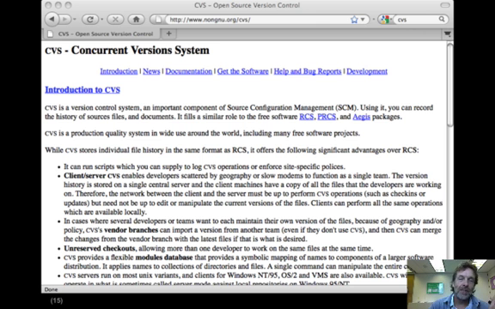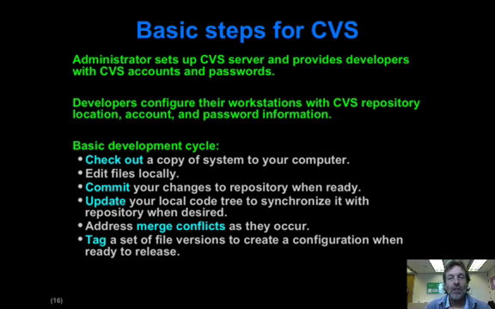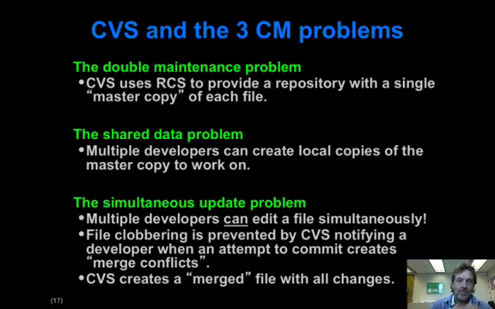Here's the page for CVS, and so the idea was that an administrator would have to set up a CVS server, and then developers could log into the CVS server, check out the system, make changes, commit the changes, make updates to get the changes from other developers, and whenever there was a merge conflict, there were steps to deal with it. So that worked super good, actually.